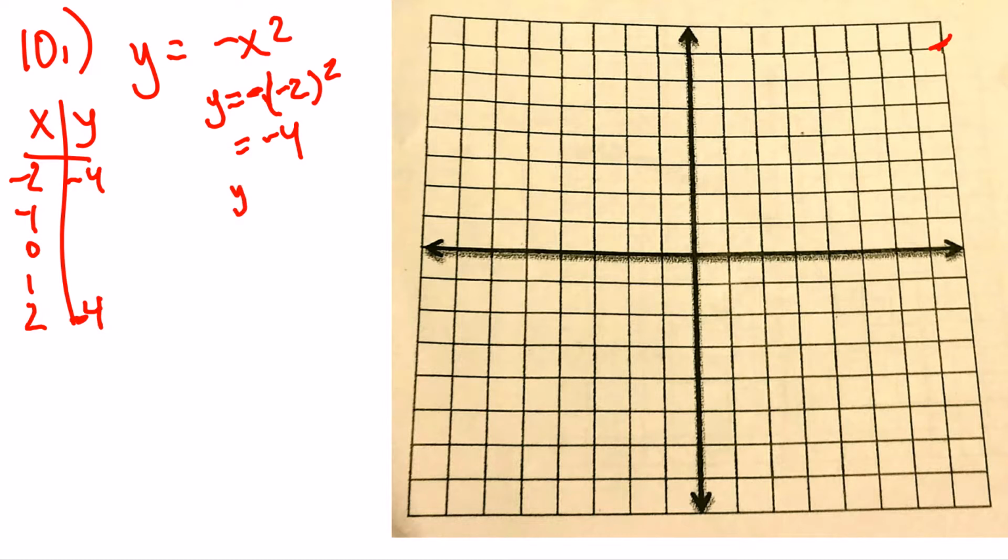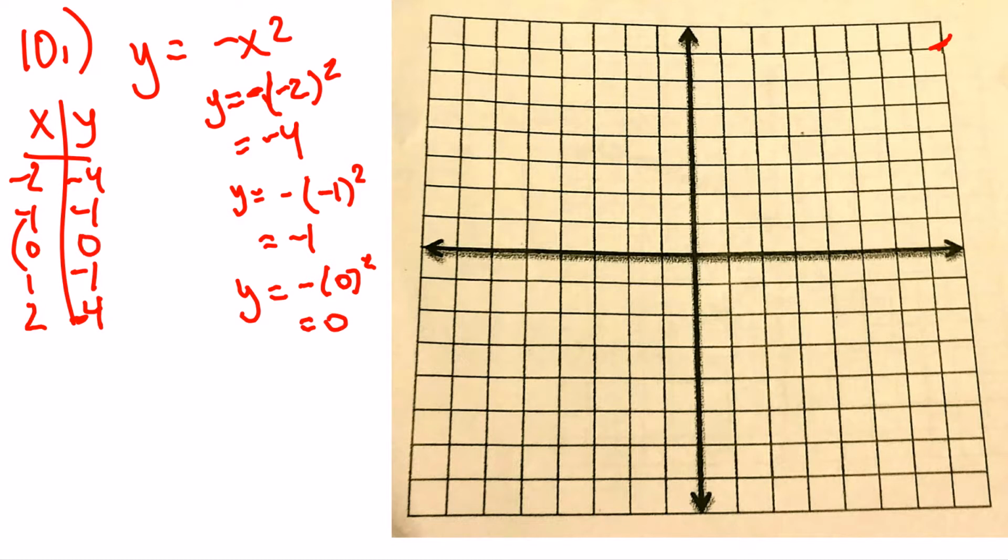Now I do negative 1, y equals the opposite of negative 1 squared. Negative 1 squared is 1, the opposite of that is negative 1, so I put that for negative 1. I don't have to do 1, remember the rainbow effect tells me that 1 is also going to be negative 1. Plug in 0, y equals the opposite of 0 squared, which is just 0.